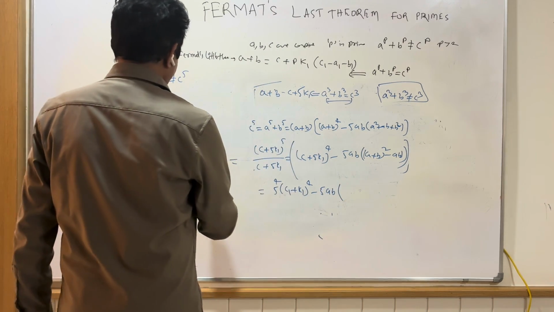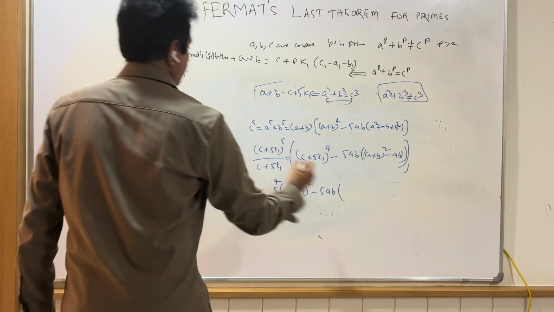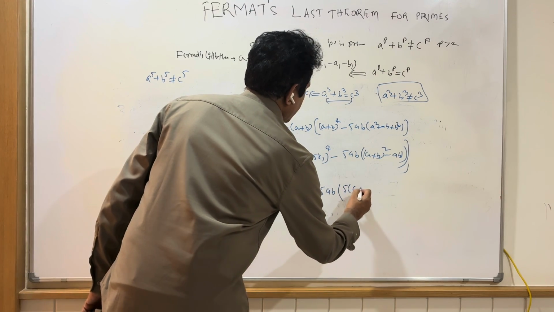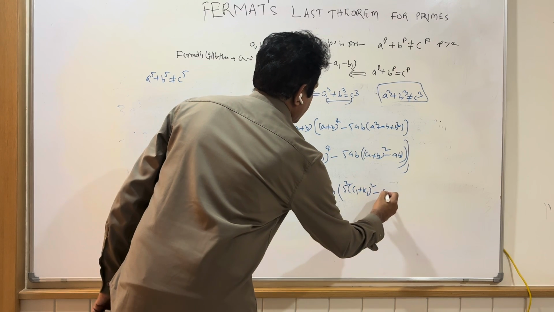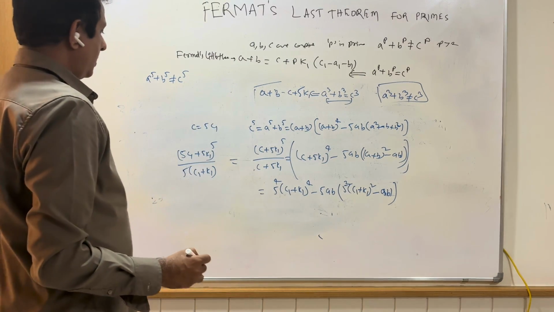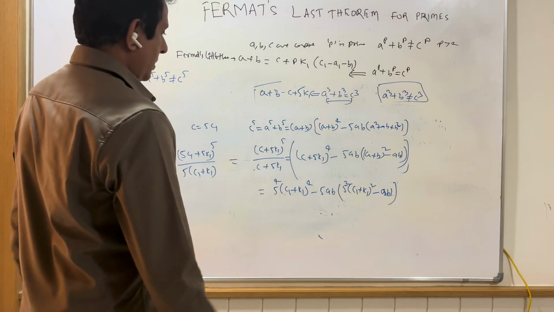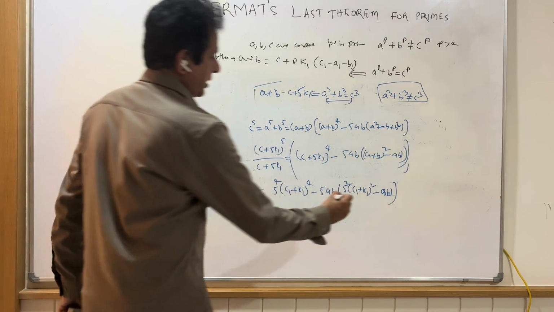Again a plus b is equal to c plus 5k1, where c is 5c1. Since c is a multiple of 5, a and b cannot be multiples of 5.